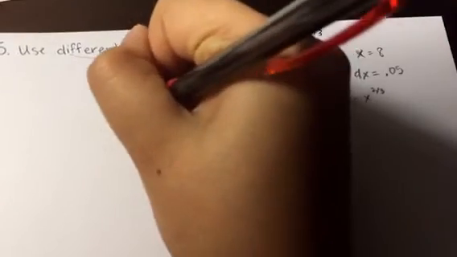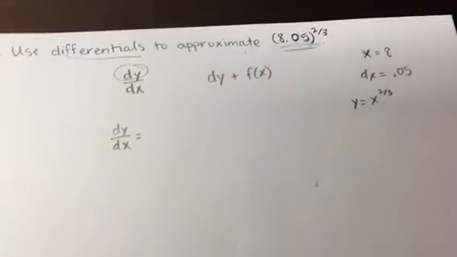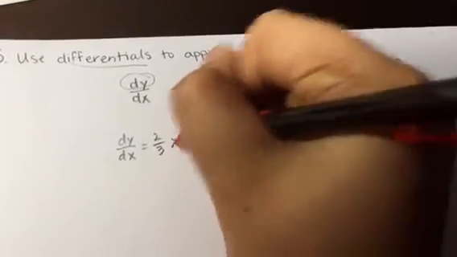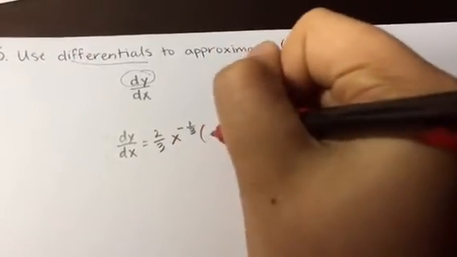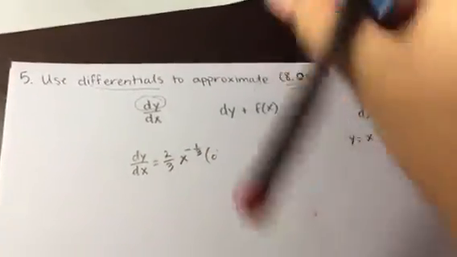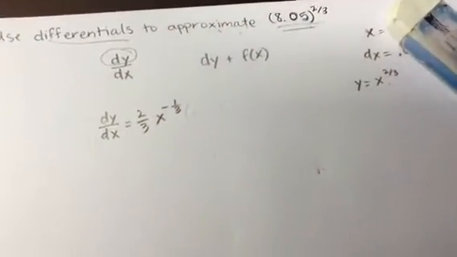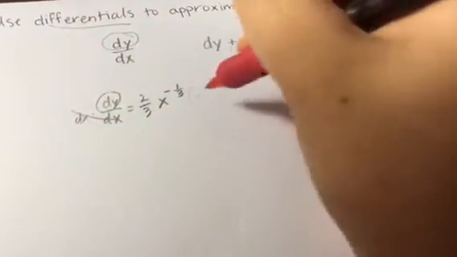So dy over dx equals 2/3 x to the minus 1/3. And then since we're finding dy, we multiply the dx to both sides.